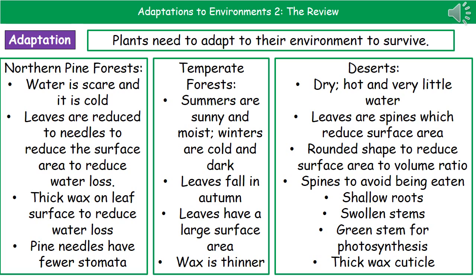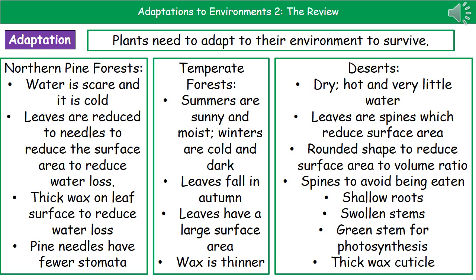The leaves also have a large surface area so that when it's sunny and they're on the trees, they can trap as much light as possible to carry out photosynthesis, and they've got a thinner wax. Because there's more moisture available to them, they don't need to worry about maintaining as much water inside as they do in the northern pine forests.